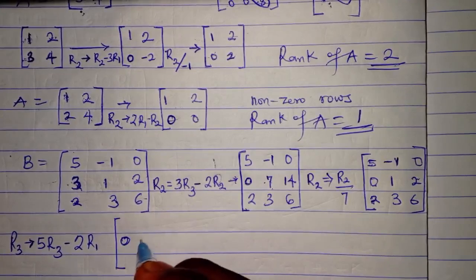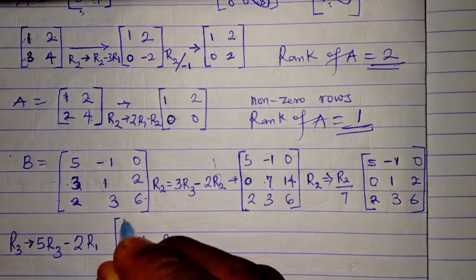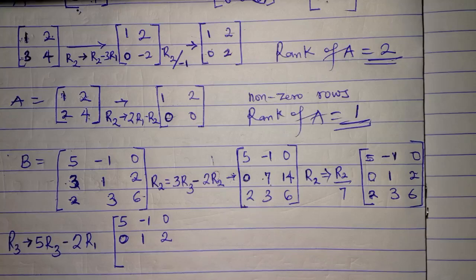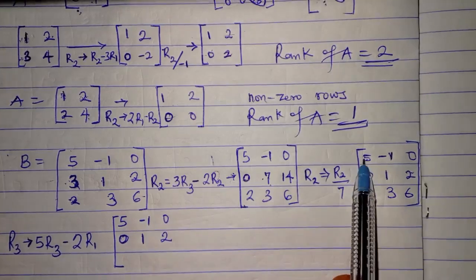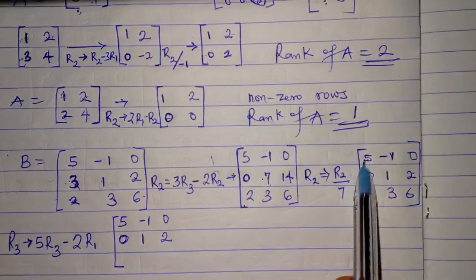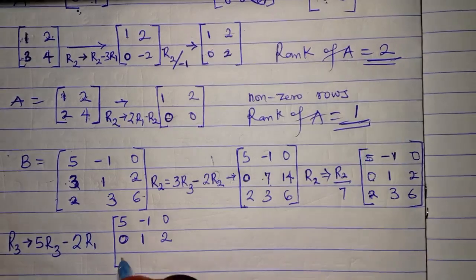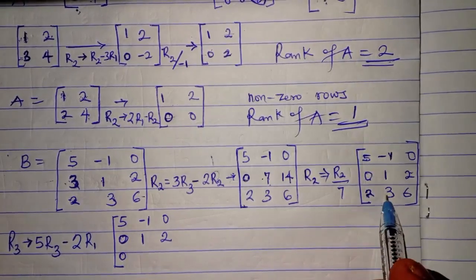Row 2 will remain 0, 1, 2. Of course, row 1 will remain 5, minus 1, 0. But row 3 will change. Multiply this by 2, that's 10. Multiply this by 5, that's 10. 10 minus 10 is 0. Multiply this by 5, that's 15.